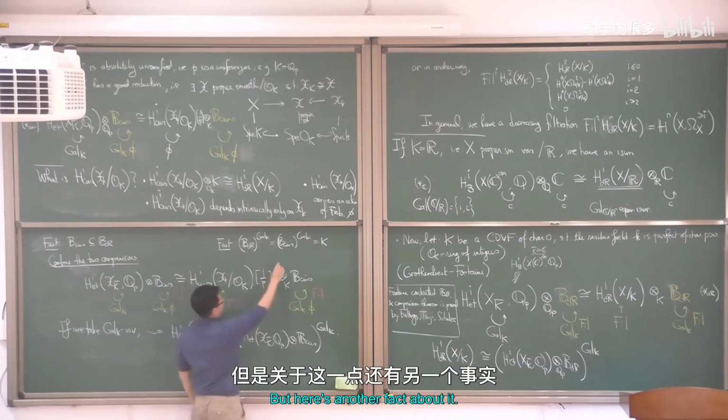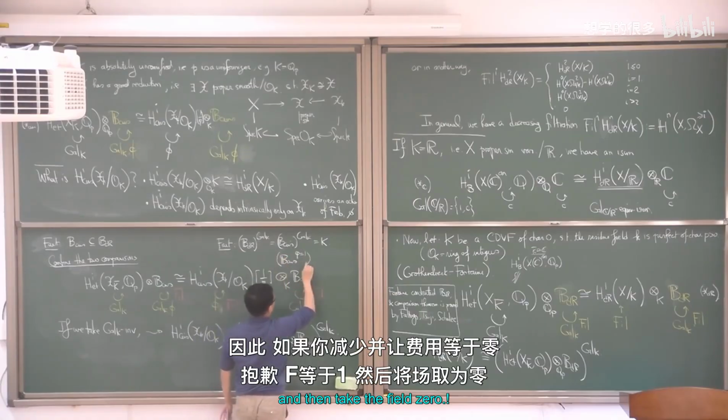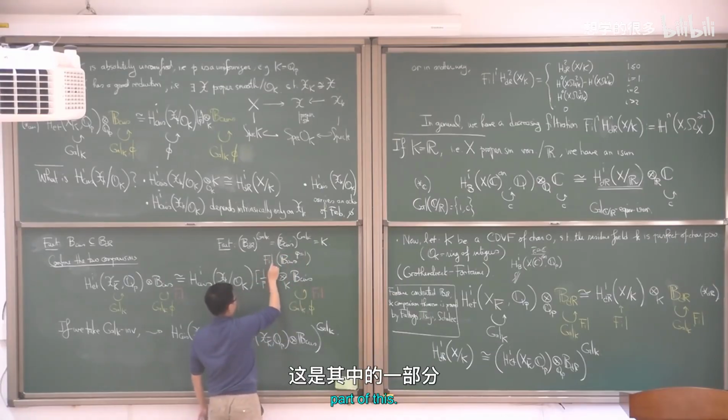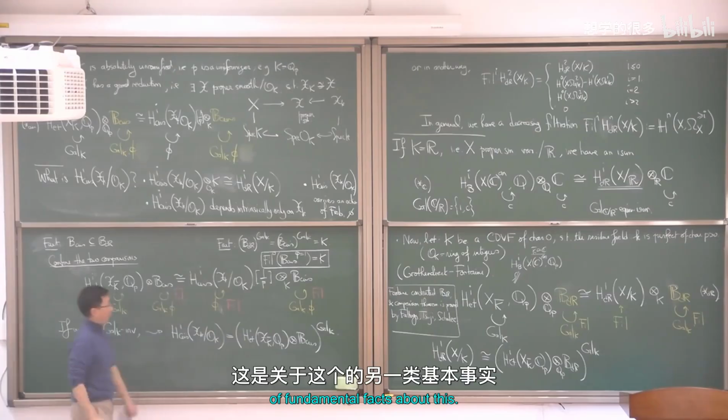But here's another fact about it. So if you take B cris, and take phi equals 1, and then take the filtration 0 part of this, this is another fundamental fact about this.